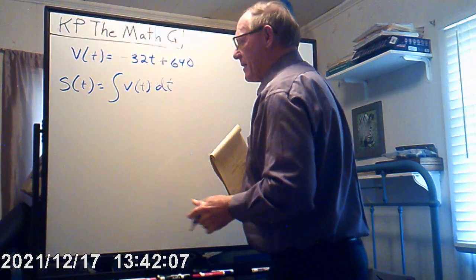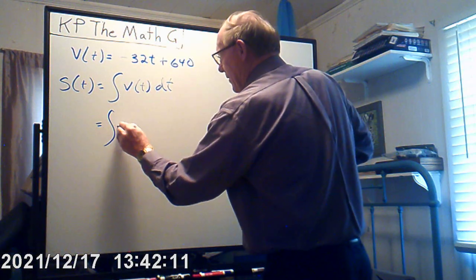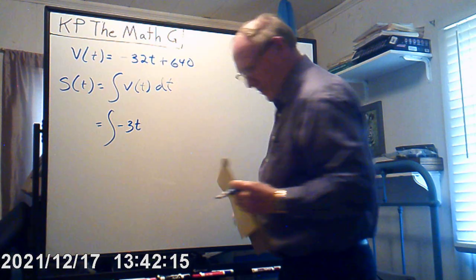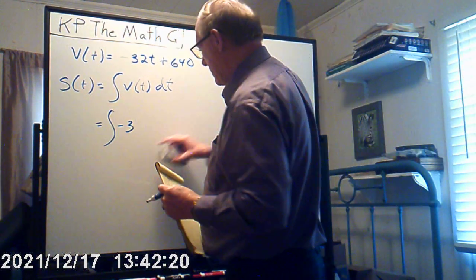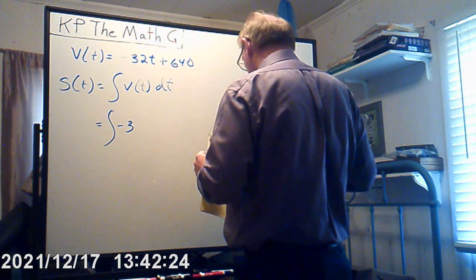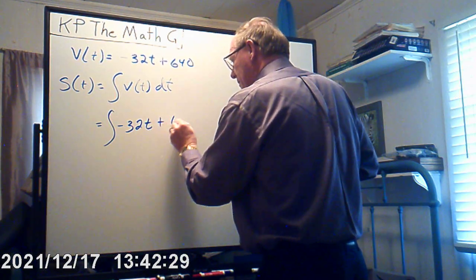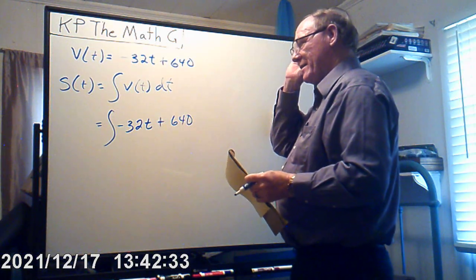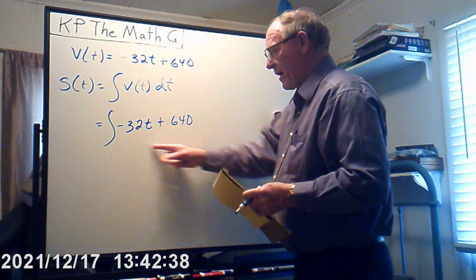But it so happens that that's equal to the antiderivative of negative 32t plus 640. There it is. That's s at t. That's the antiderivative of that.